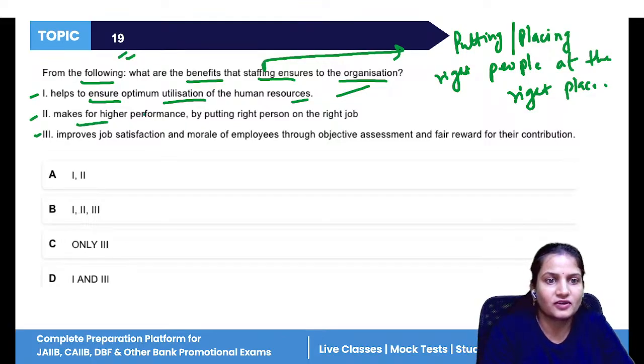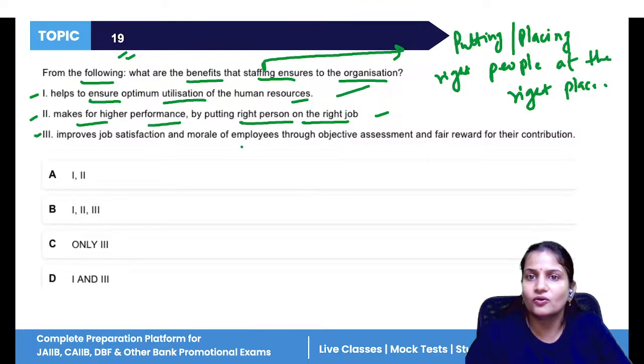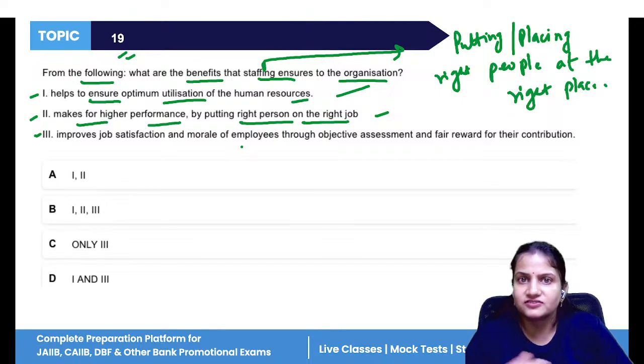Now, it makes for higher performance by putting the right person on the right job. Yes, the one who is suitable for that job will be placed. Like if I know how to handle marketing, I would be better placed over there. If I am placed in the finance department or the product department, I might not do very well.